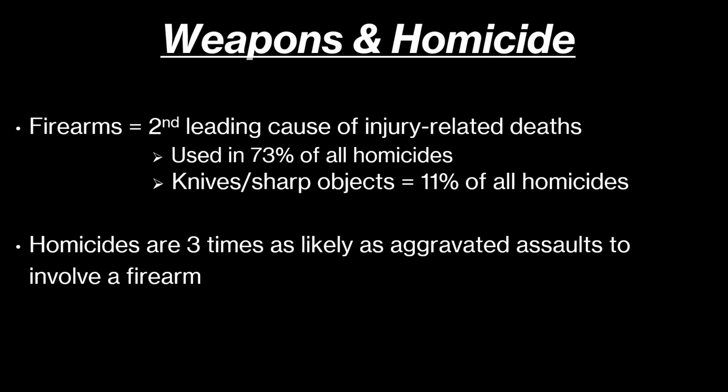Homicides are 3 times as likely to be aggravated assaults using firearms. So the majority of times, if there is a homicide with a weapon, it is with a firearm.